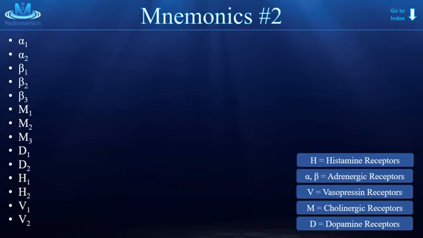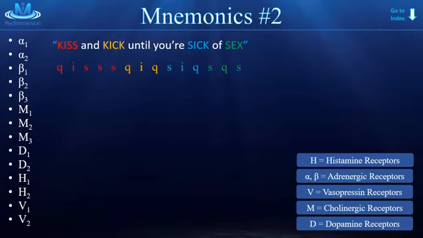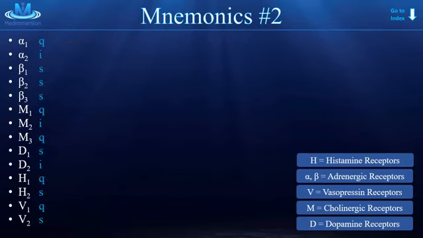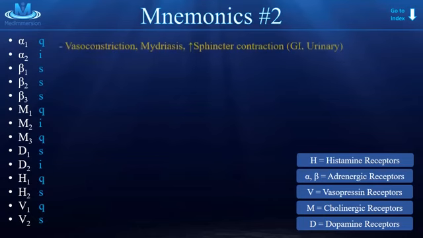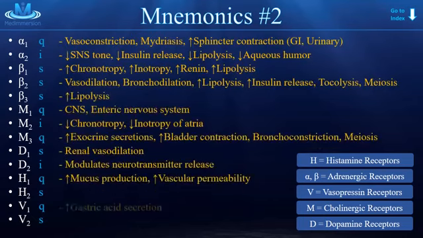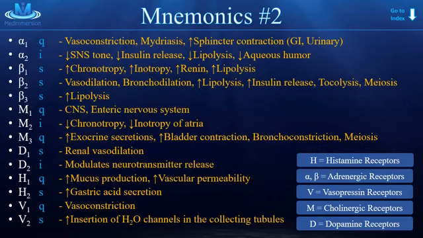But here's another way, just in case you like it better. And the mnemonic here is "kiss and kick until you're sick of sex," which is written out like this. See that? Kiss and kick until you're sick of sex. And there you have it. Each receptor lined up with the type or the subtype of G protein that goes with it. And for your added viewing pleasure, here are a couple of short lists about what each of these receptors contribute to in our bodies physiologically.